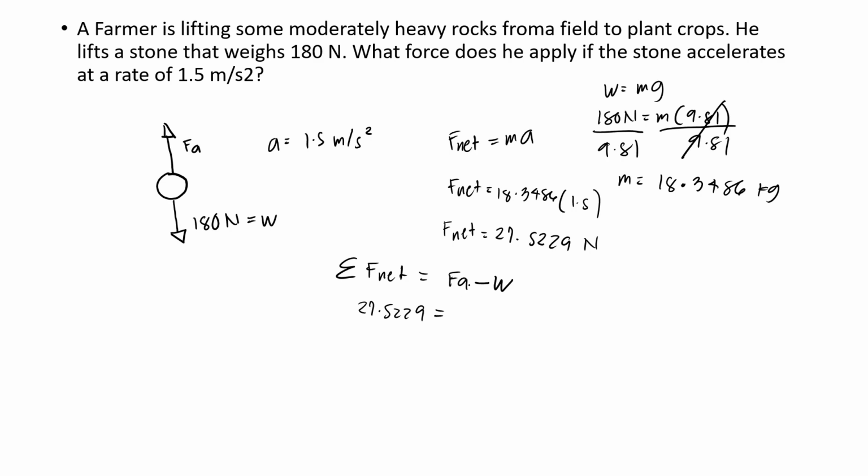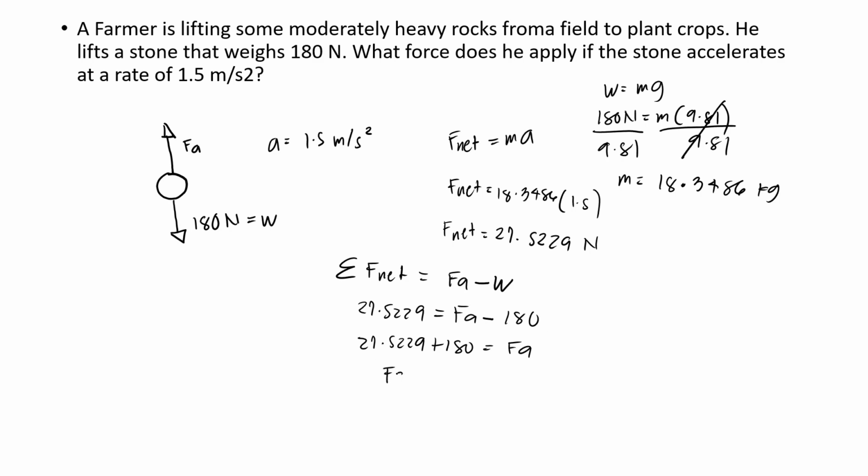27.5229 is equal to what? The value of FA, but the net force, I mean the weight force, is 180, guys. So transpose 180 to the left, that will make 180 a positive, equals FA.